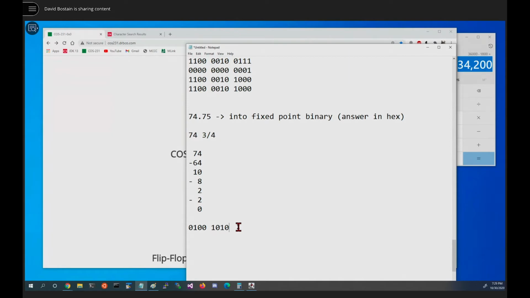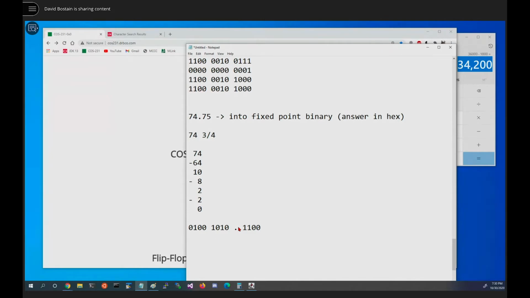And then what we need to do is take care of the fraction part. Point. The fractional part is 3/4. Well, in 3/4, we have a half and we have a fourth. That's 3/4, right? We need to make this 4 bits long, so we'll add 2 more zeros just to lengthen it out.